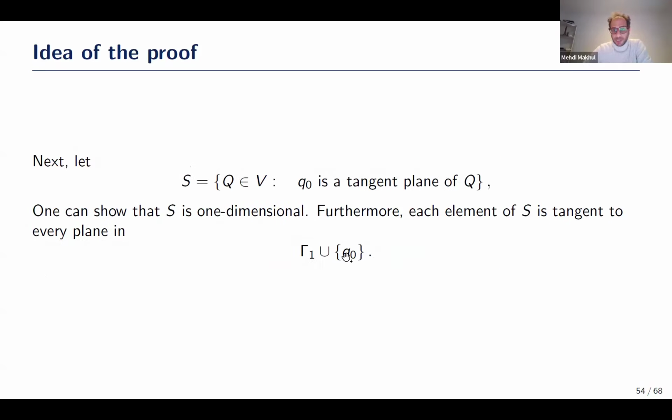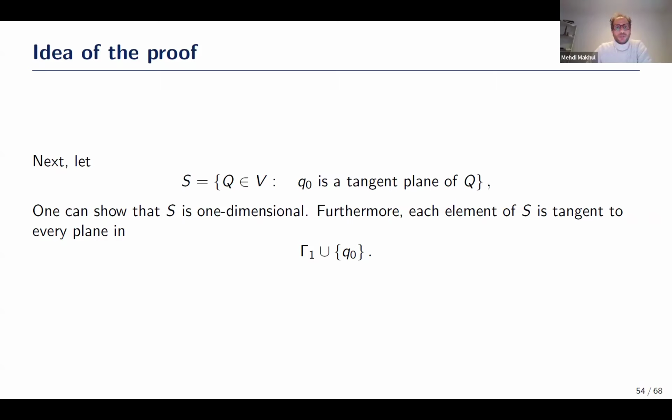These 9 planes, one can show, impose 8 conditions on the space of quadrics. Therefore, S has dimension 1. So there are 2 quadrics, for example F1 and F2 in S, such that any quadric in S can be presented as lambda times F1 plus mu times F2 equals 0.